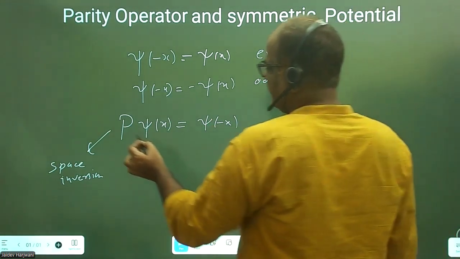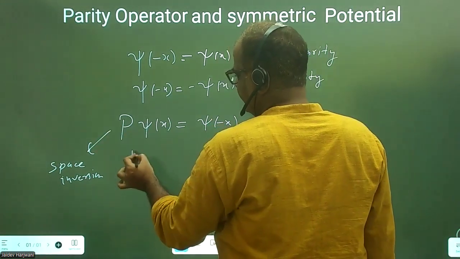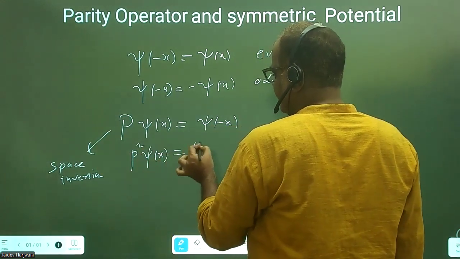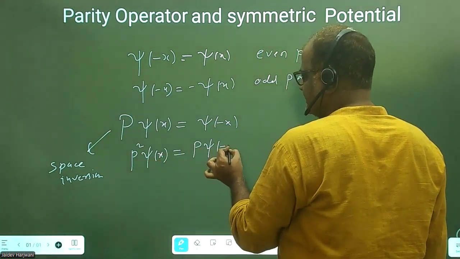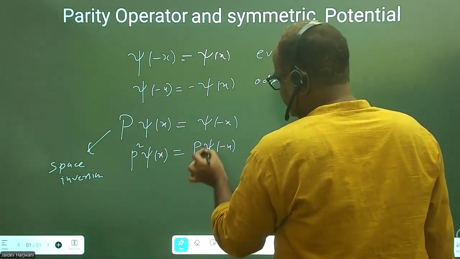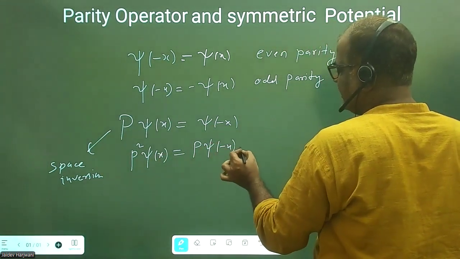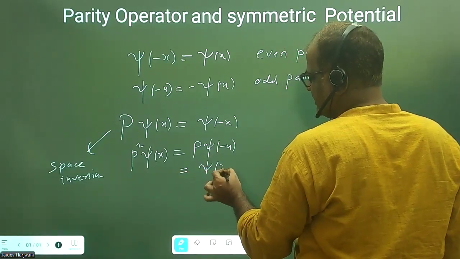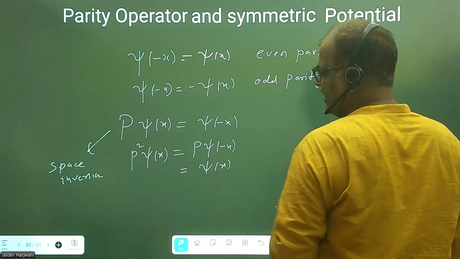Now let me operate P one more time. So this becomes P squared psi(x). If you operate P again on psi(minus x), it will again invert, and you will get psi(x).